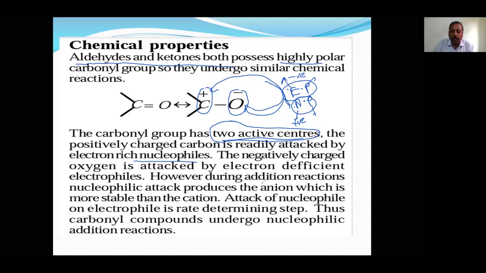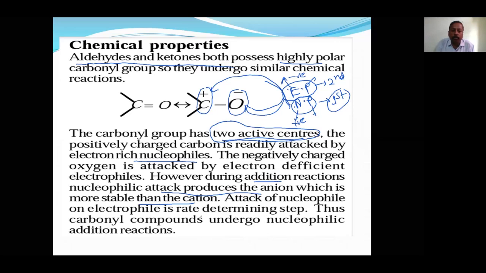However, during addition reaction, nucleophilic attack produces an anion which is more stable than a cation. That means both will attack, but who will attack first? The nucleophile will attack first, then the electrophile. The nucleophile is very fast. So the attack of the nucleophile on the carbonyl carbon is the rate determining step.